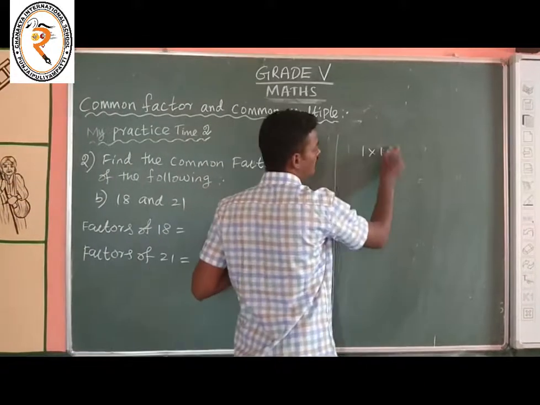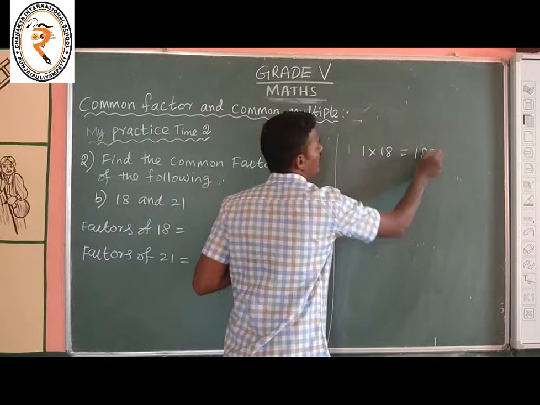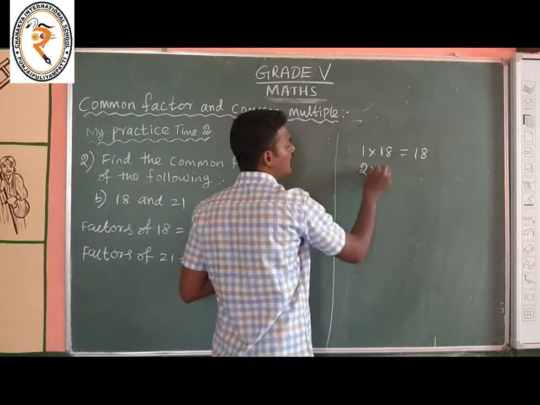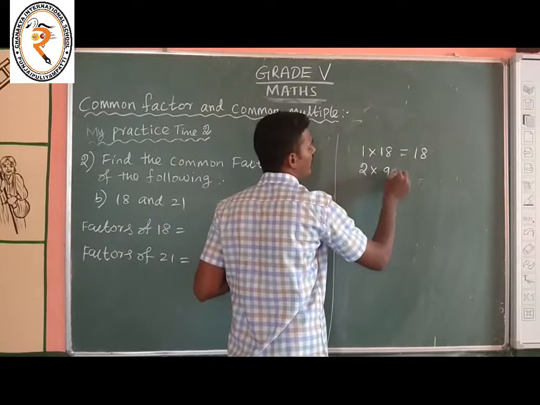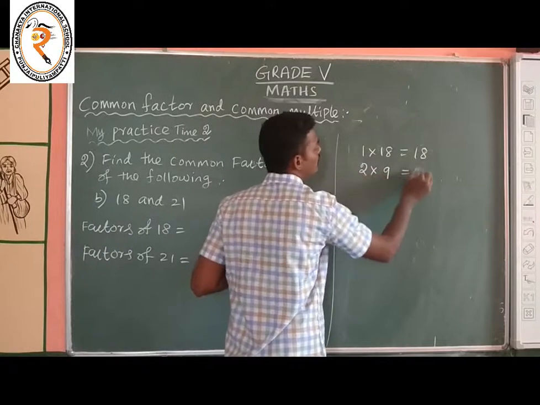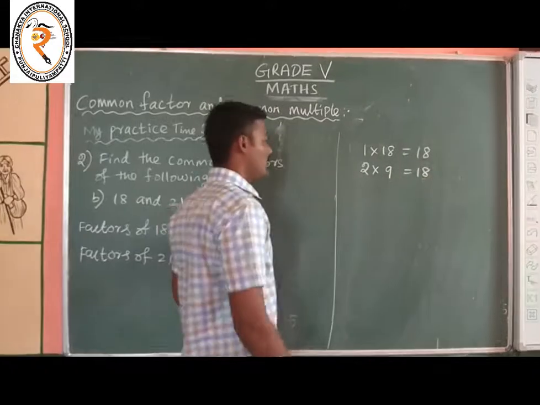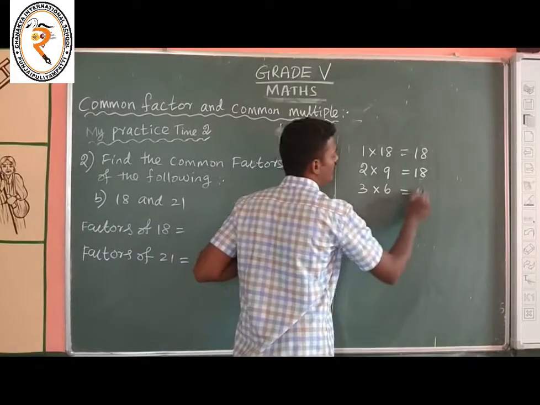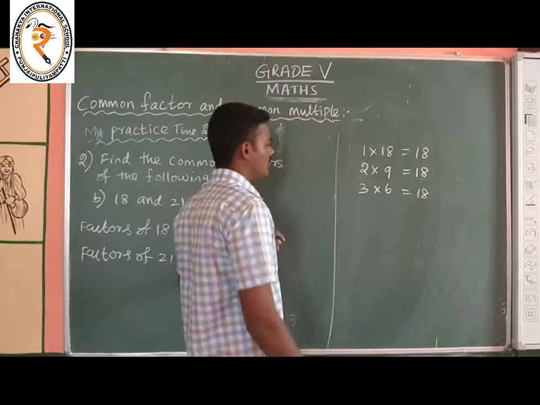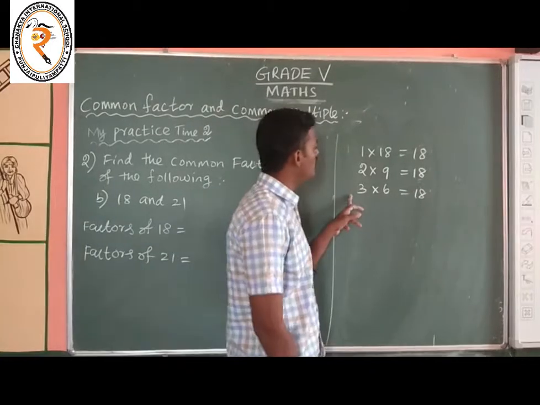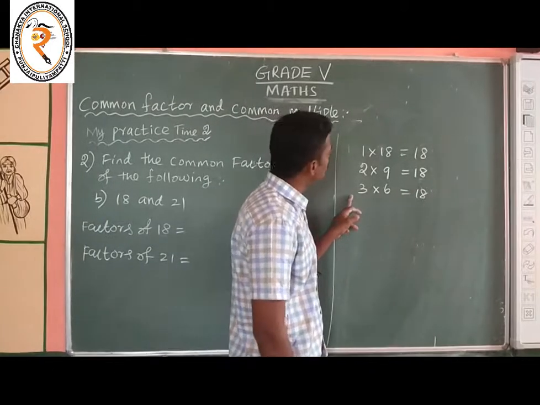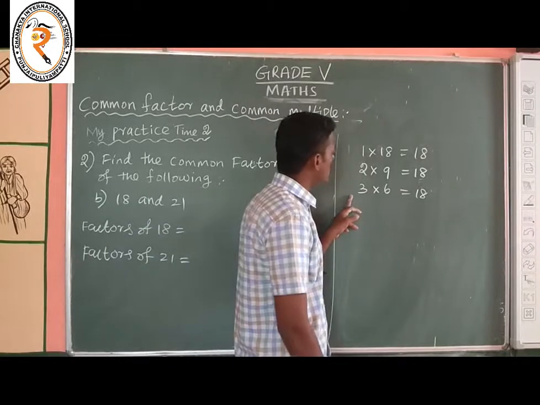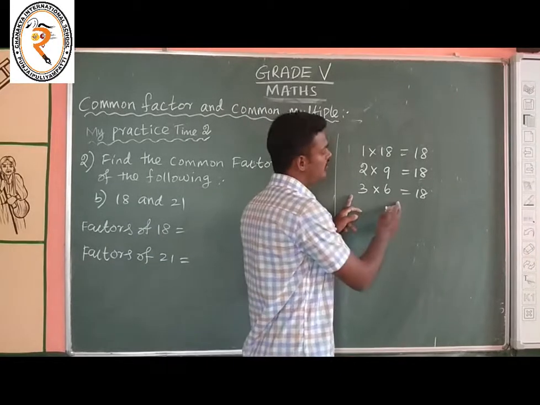Factors of 18. First table, 1 18s are 18. Second table, 2 9s are 18. Third table, 3 6s are 18. The fourth table, 18 is not there.